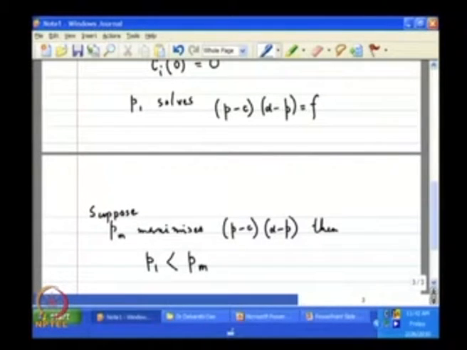What we need to show is that when both the firms charge the same price P1, then that is a Nash equilibrium.